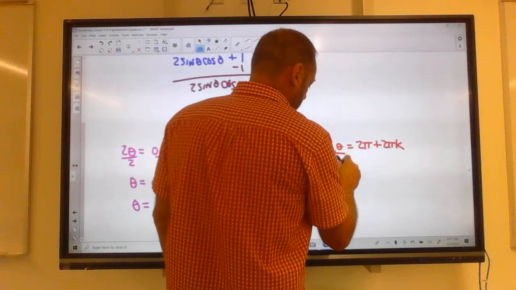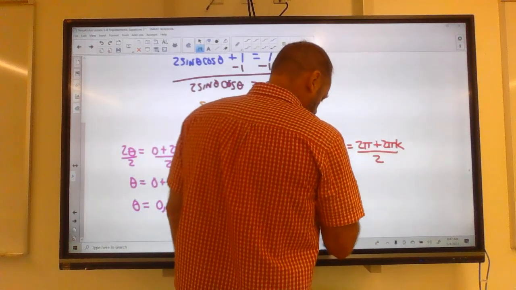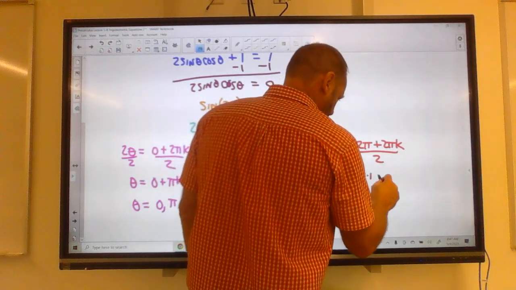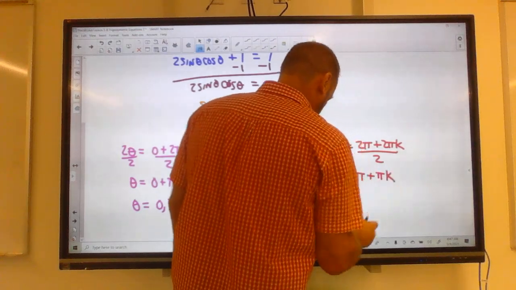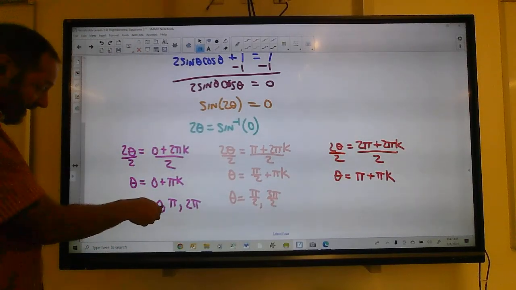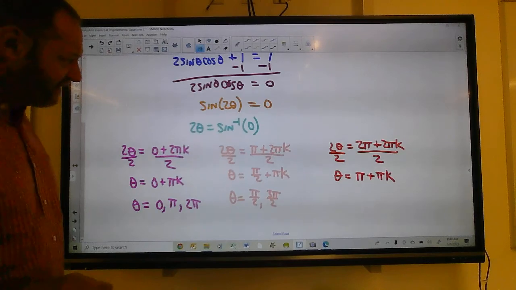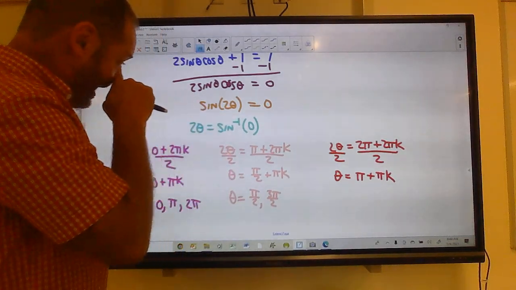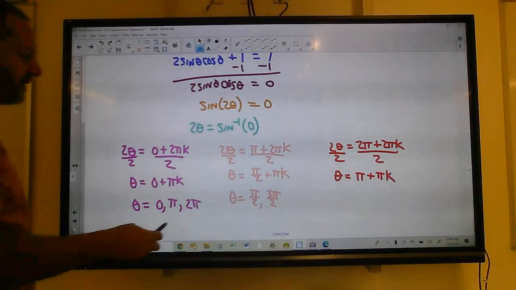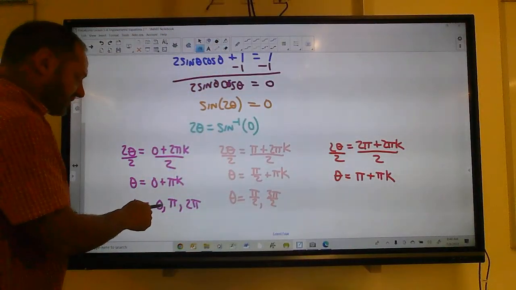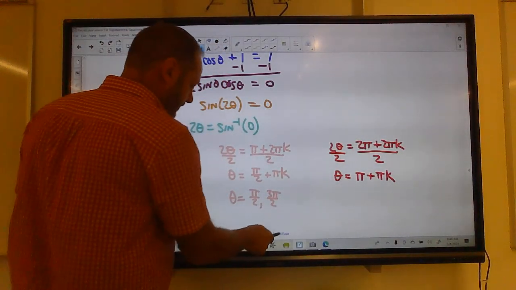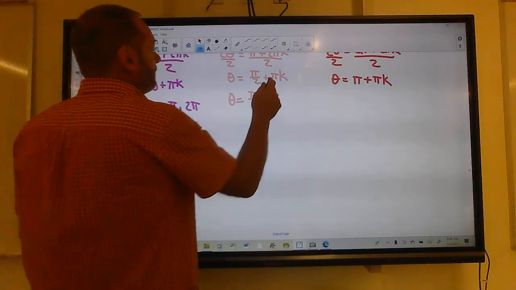And then lastly, I get this one. So theta is going to be pi plus pi k. I already got pi over here, so I don't need it again. And if I add another pi, I'm going to get 2 pi. So these are going to give me the exact same answers as these. They're just repeats.